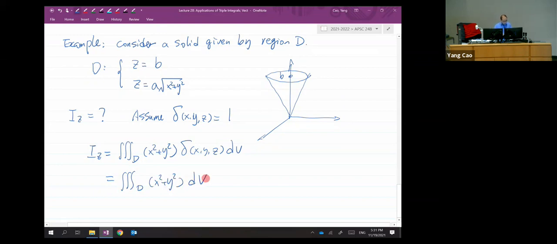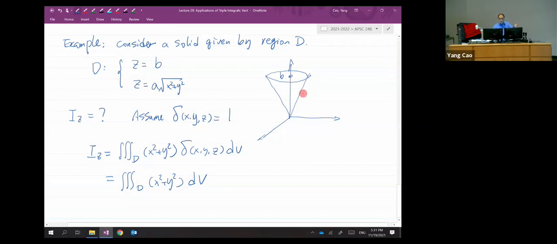Second step is to calculate the triple integral. And to calculate the triple integral, this is where you have to make a decision. You have 3 different coordinate systems you can make use of. You could use either Cartesian, cylindrical, or spherical. Now, this one doesn't really have any spherical surface involved.